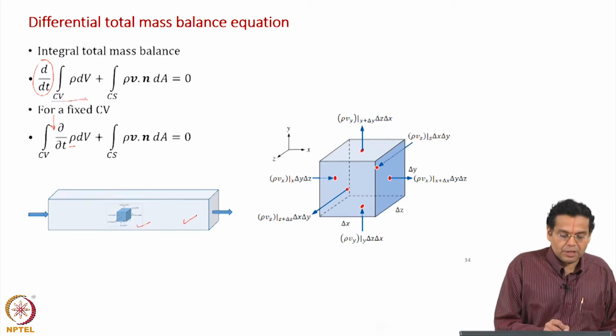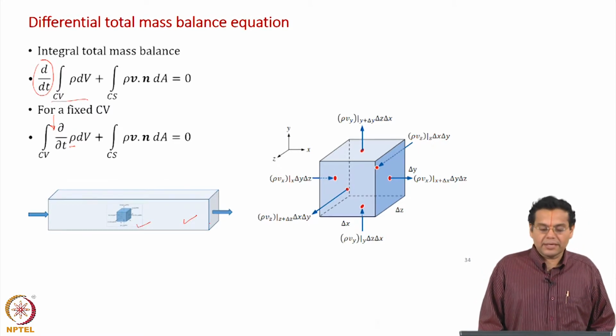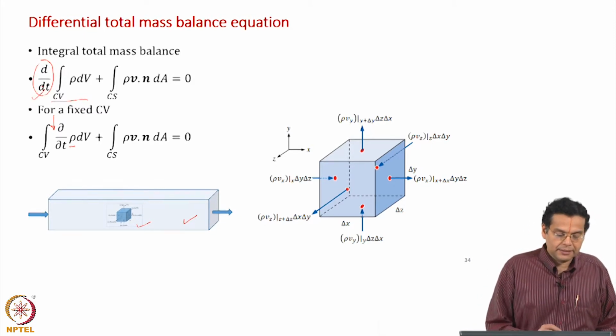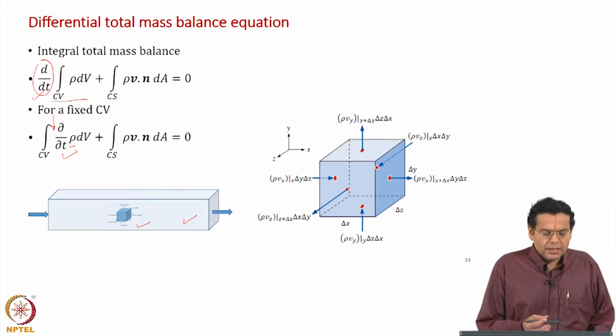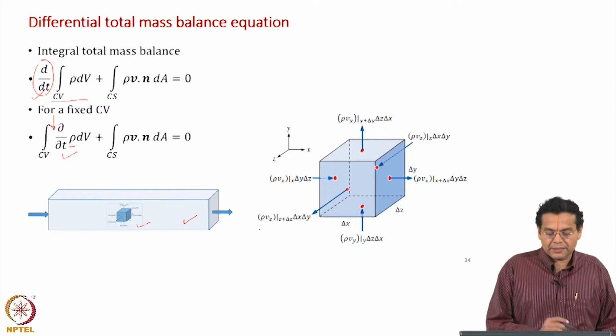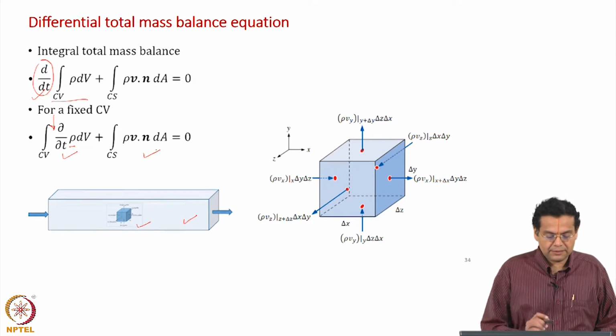In this case, because we are integrating, after integration only time remains as the independent variable, and hence it is d by dt. Now it is inside the integral, so rho can be a function of space and time, hence the partial derivative. Okay. Of course this term remains as such.